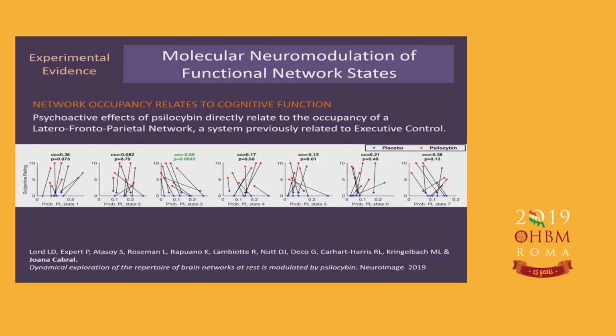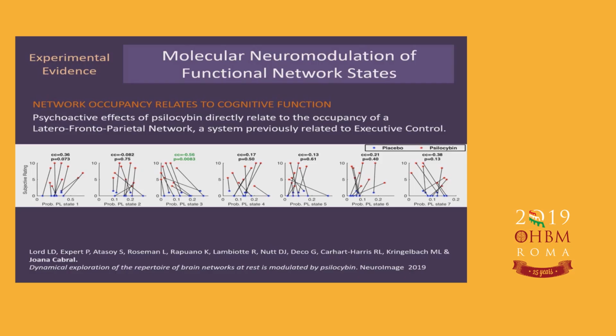And here we correlate it to the network occupancy of each of the states. And we see that for all subjects, consistently, the feeling of a psychedelic experience was related to a decrease in the probability of occurrence of this frontoparietal system. And importantly, this frontoparietal system has been previously related to executive control.